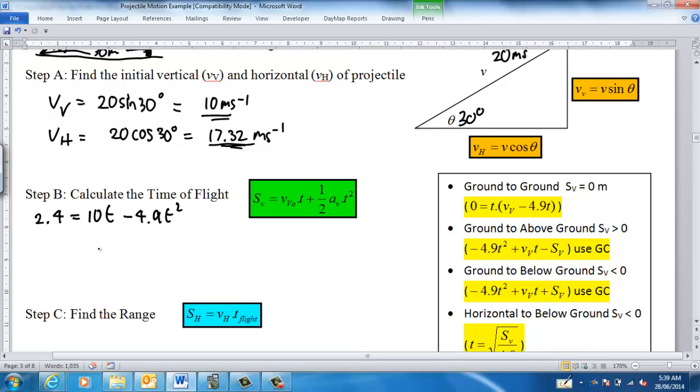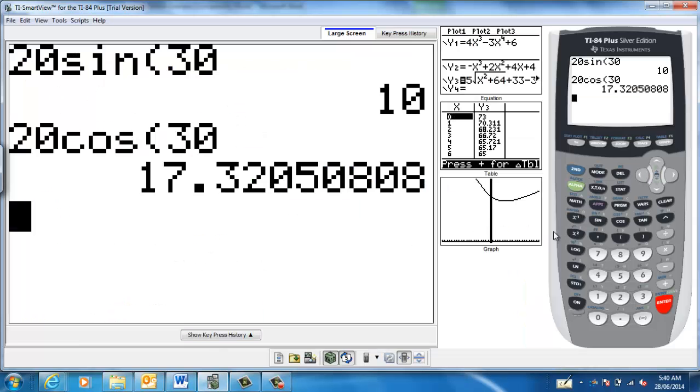Therefore we need to rearrange that: minus 4.9 t squared plus 10t. Because 2.4 comes over to the other side, it becomes minus 2.4, and that is equal to 0. Now you could graph this on your graphics calculator, and that's certainly one way of doing it, but the easiest way is to go to your apps button.